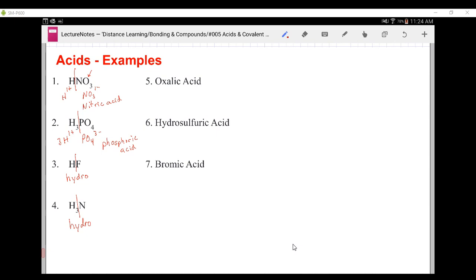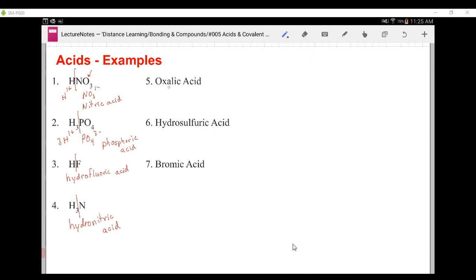So instead of hydrofluoride, I have hydrofluoric acid. And instead of hydronitride, I have hydronitric acid. Now, noticing that examples number 1 and 4 here both have nitric in them. One is binary, one is oxy in terms of acid types, and notice the difference in their naming.